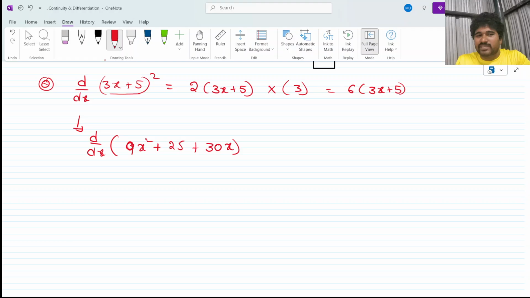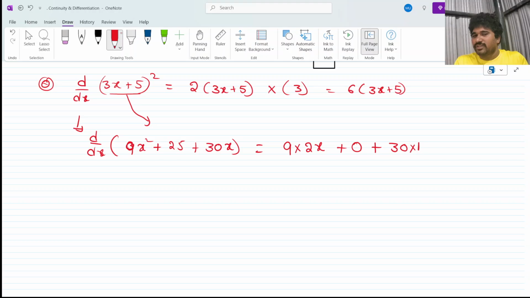That's its expansion, right? I expanded it. I didn't do the differentiation. Understand? I expanded it. So what will it become? Observe, 9x square differentiation: 9 into 2x. 25 differentiation: 0.